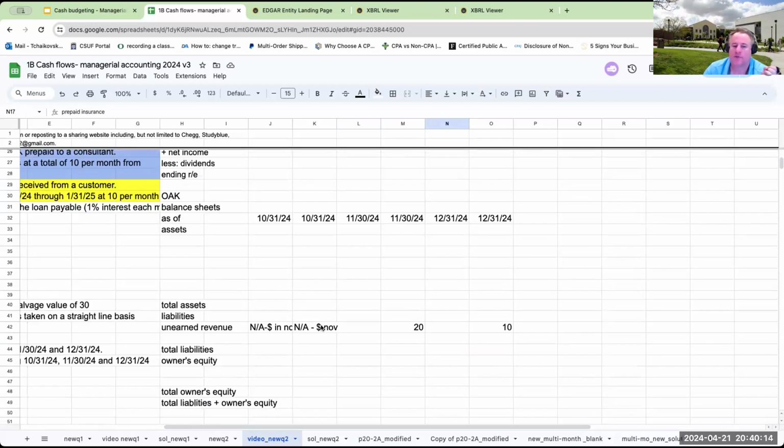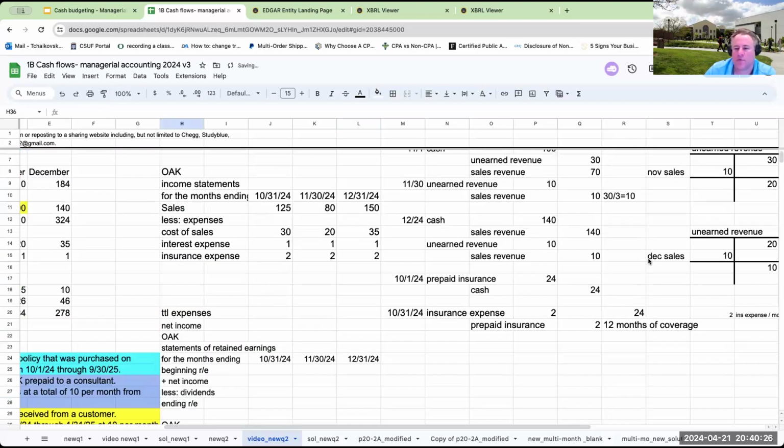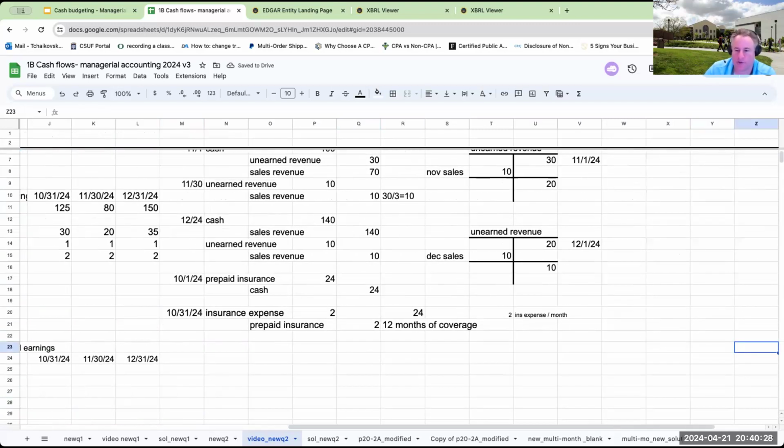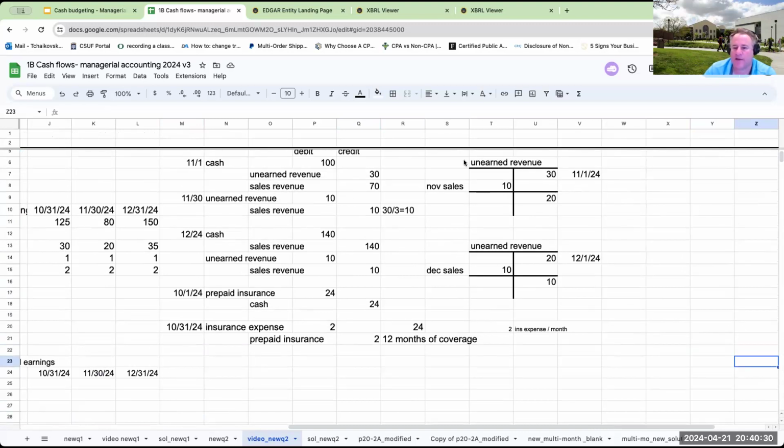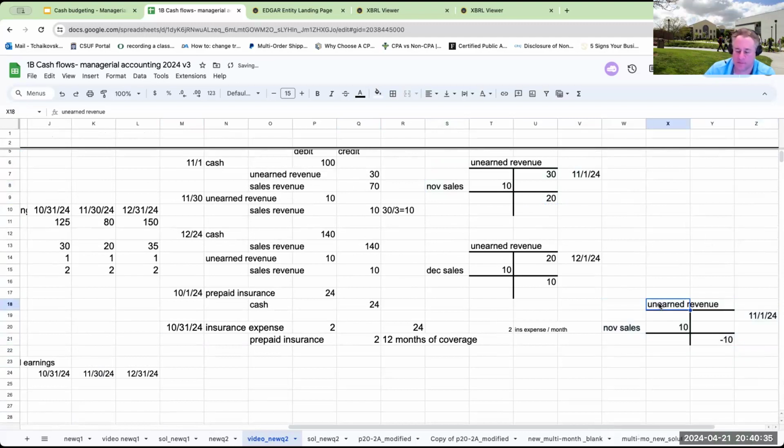Okay. But while we're on this, what I do want to talk about is the balance of prepaid insurance, because the balance of prepaid insurance is going to show up as an asset on our balance sheet. Okay, so when it comes to prepaid insurance, right, I have over here my prepaid insurance balance started out on 10/1/24 at 24,000.